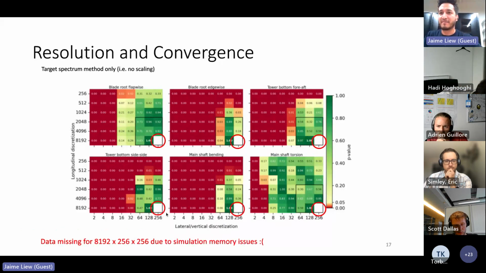Unfortunately, it didn't work. I had computational or memory issues with this, so it's kind of absent from my data. But HAWC2 has apparently been updated recently to be able to handle these very large turbulence boxes. Unfortunately, at the time I wasn't able to get this data point, which is a shame.